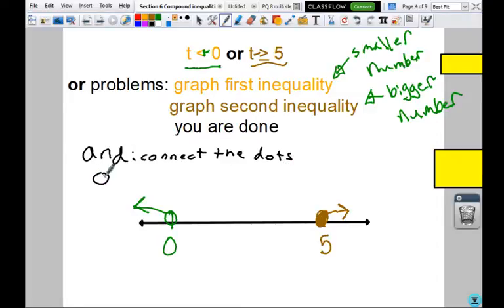If it's an or, your arrows go out. That's kind of how I remember it. You connect the dots, or your arrows go out. Ands go together, ors go out. That's my little rhyming thing for the or, so I remember it. Or your arrows go out.